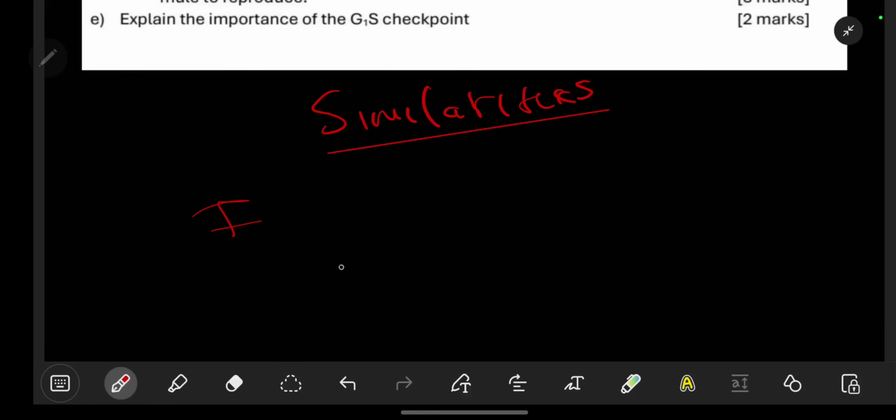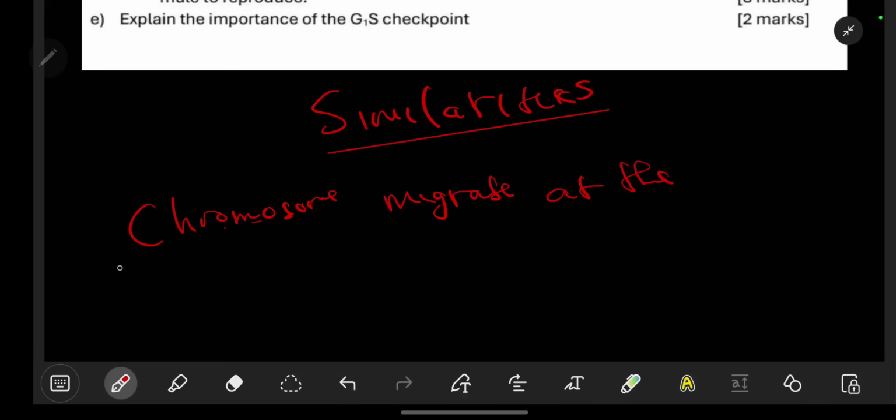in meiosis 1 and meiosis 2, number 1, in both cases, chromosomes align or rather migrate at the metaphase plate.